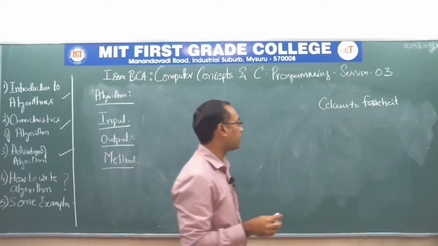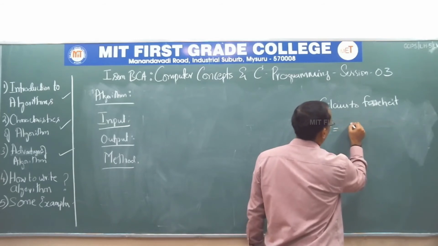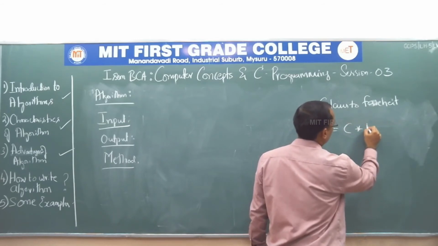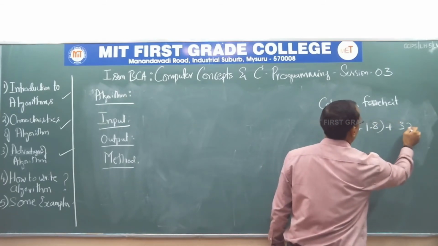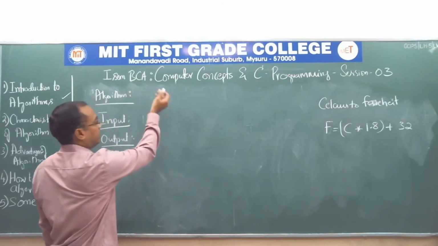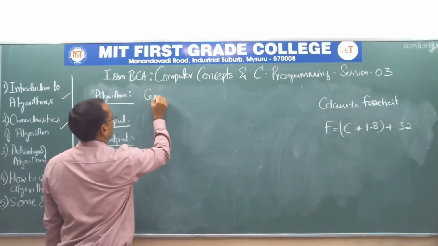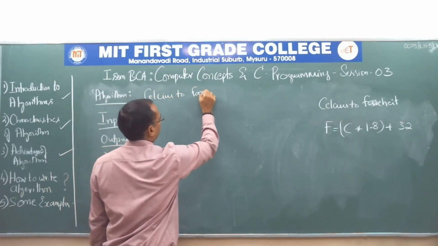For that also we have a standard formula. F is equal to Celsius into 1.8 plus 32. So this is the formula. Now we'll name the algorithm as convert Celsius to Fahrenheit.